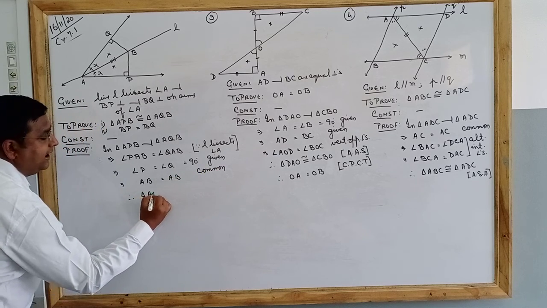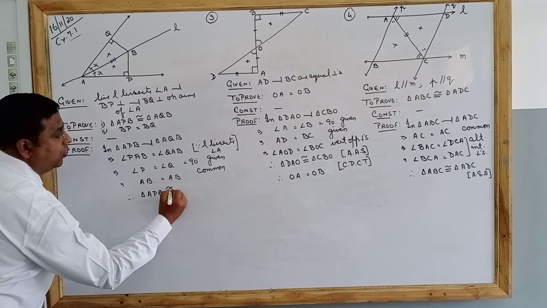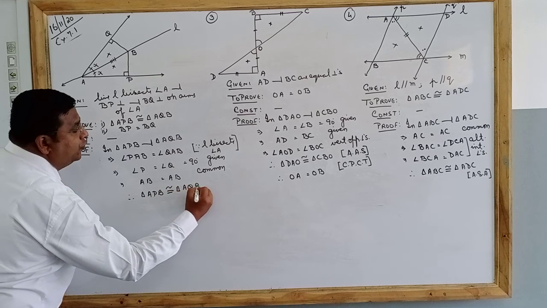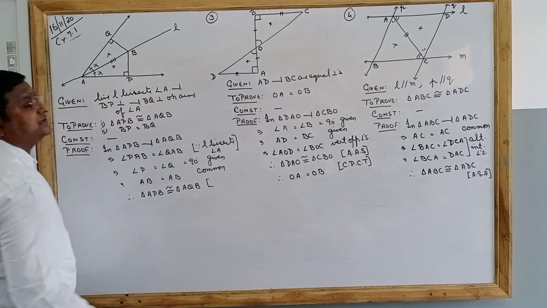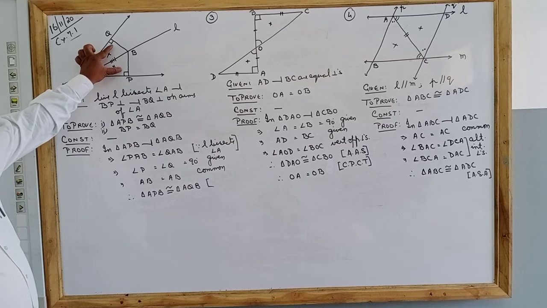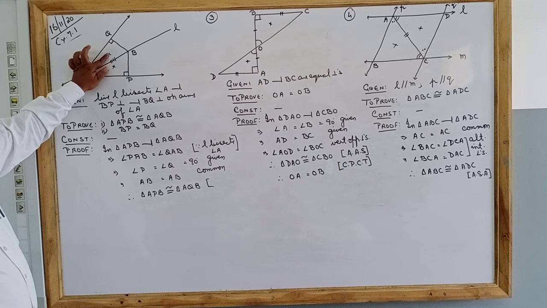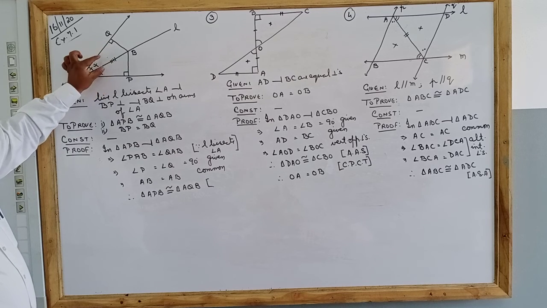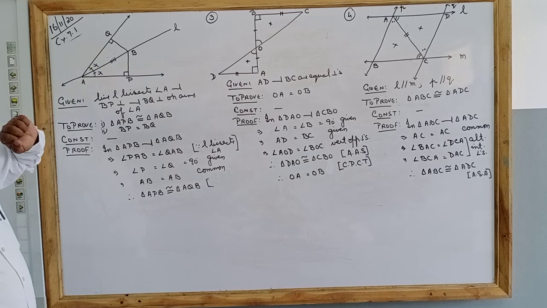Now triangle APB is congruent to triangle AQB by what congruency? Now here you said, sir, hypotenuse is equal. One angle is also 90. Opposite to 90 is the hypotenuse. Hypotenuse is equal. It is the common side for both the triangles. So can it be RHS?